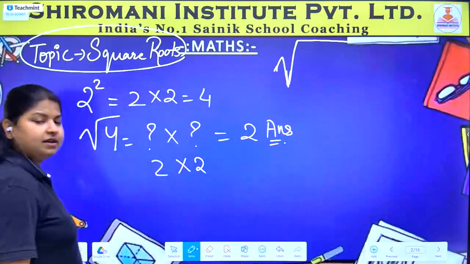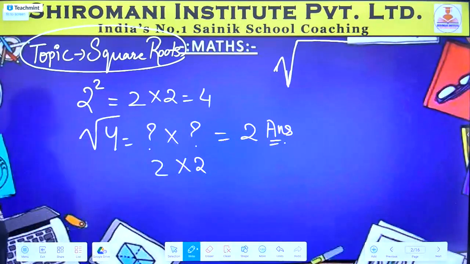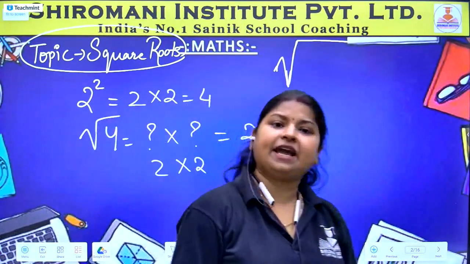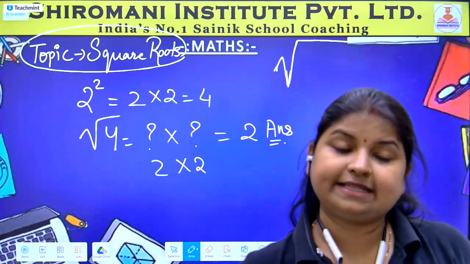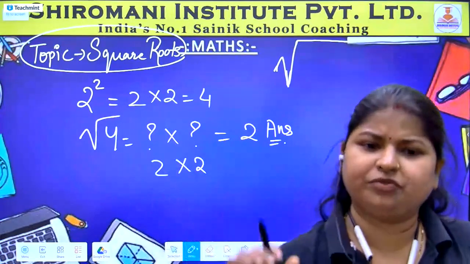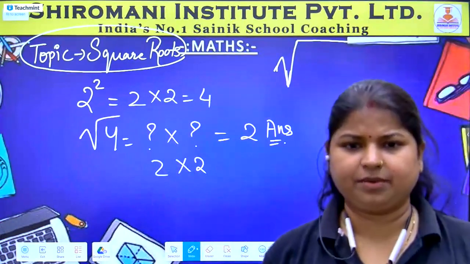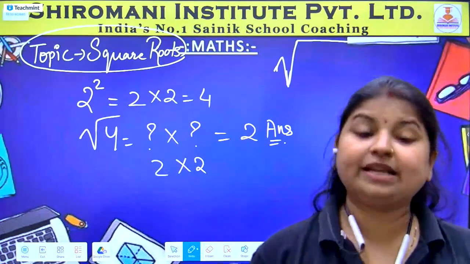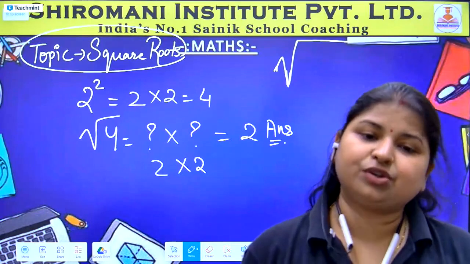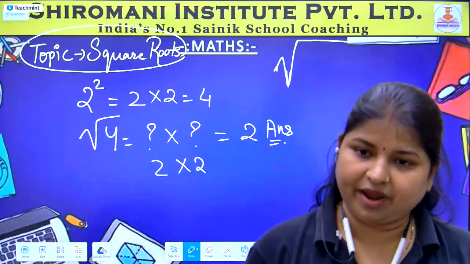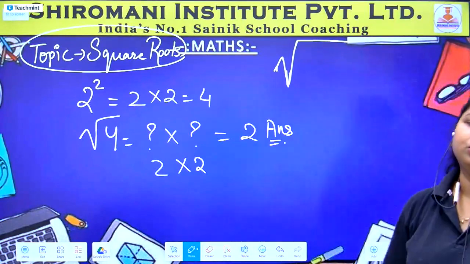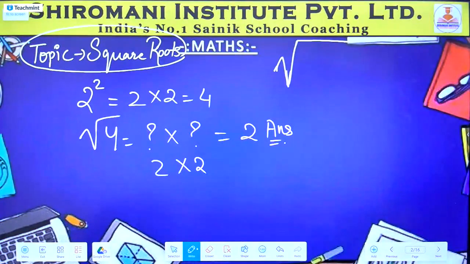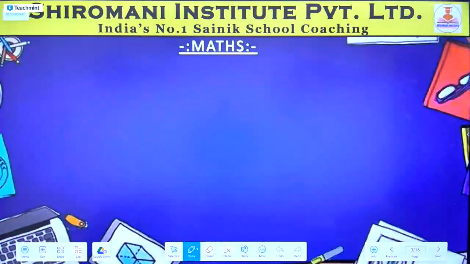But not necessarily every time the digits are small. Suppose it came something like 1225, a 4-digit number, 5-digit number, 3-digit number. Then how to do it and what shall be the trick? We have to learn that in today's class. Today we will be learning the short trick to find square roots. And let's start.